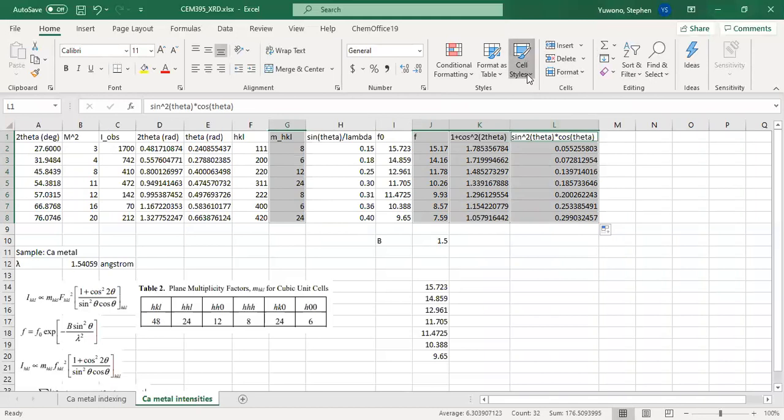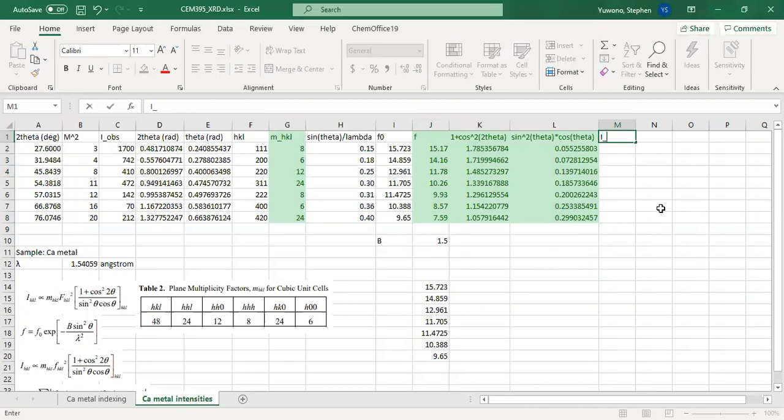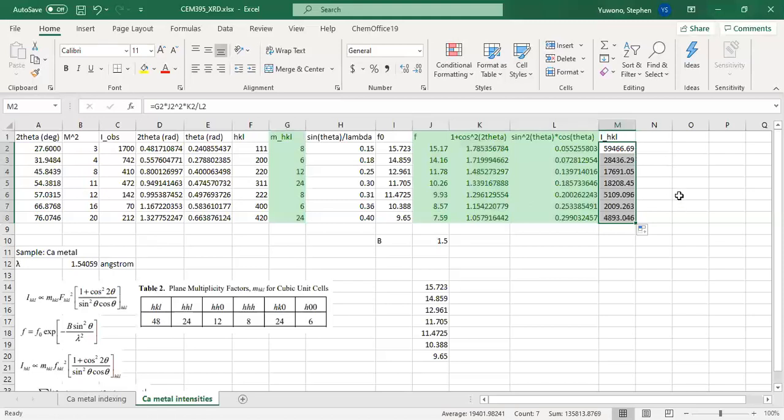Right, so now the intensity of each of my peaks is going to be M times F squared times the numerator divided by the denominator. All right, so that's the intensity.